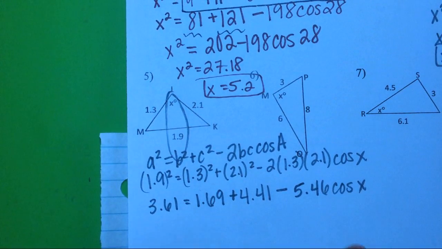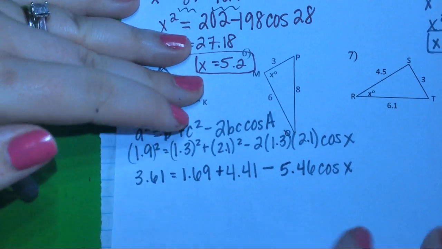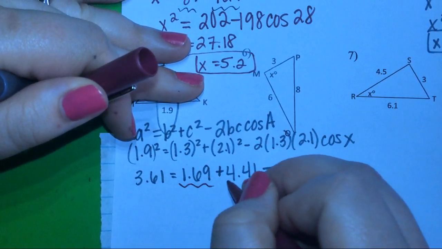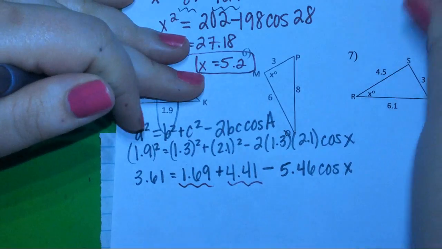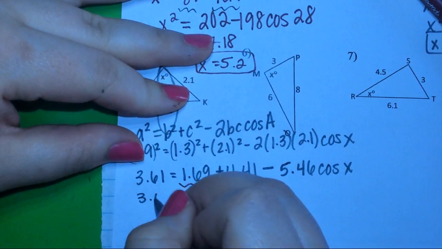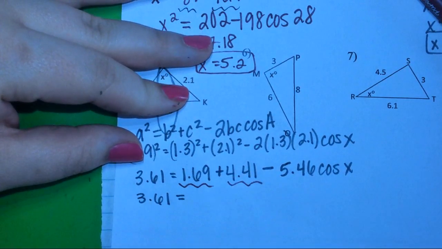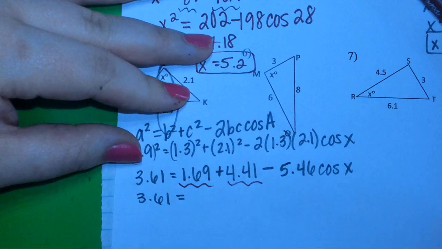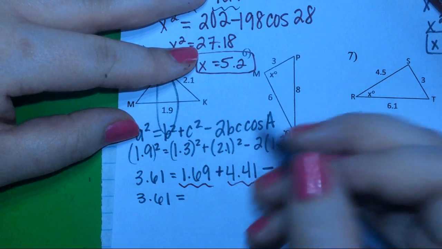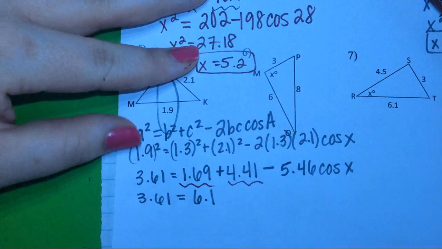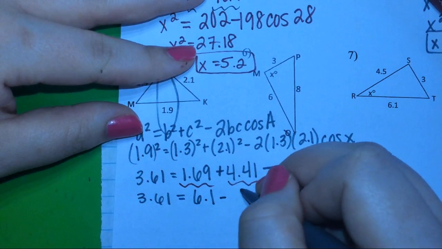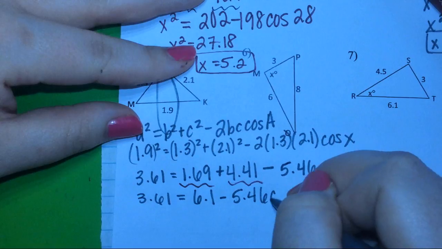Perfect. Again, I have some like terms I can combine on the right, so I need to add 1.69 and 4.41. Okay, so 3.61 equals 6.1 minus 5.46 cosine of x.